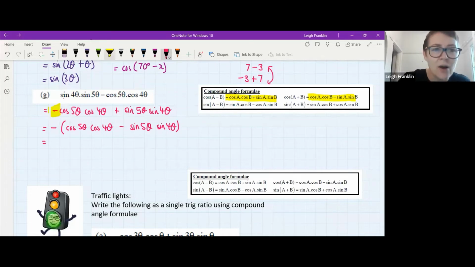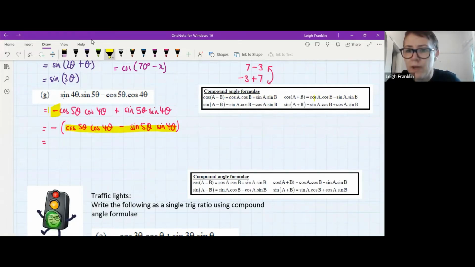Now this here looks identical to which one? Not to both of them, obviously. But it looks identical to this one over here. Can you see what's inside the bracket is identical to what I've highlighted in yellow in my compound angle formula? That's what I mean when I say it's like a key fitting into a lock. Now that it's identical to the right-hand side, I'm allowed to go back and do the reversal.